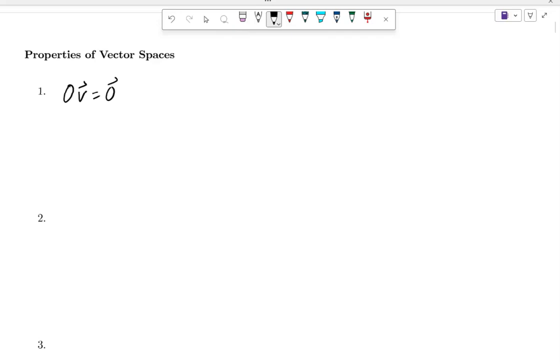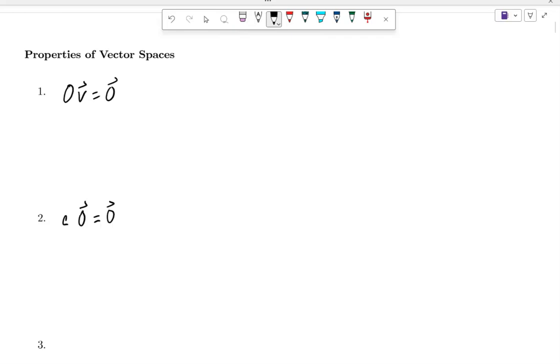We also said that if I have a constant times the zero vector, what do we get? The zero vector. I think that was in your homework, wasn't it? Okay. Notice that the proof is the same for both of those.